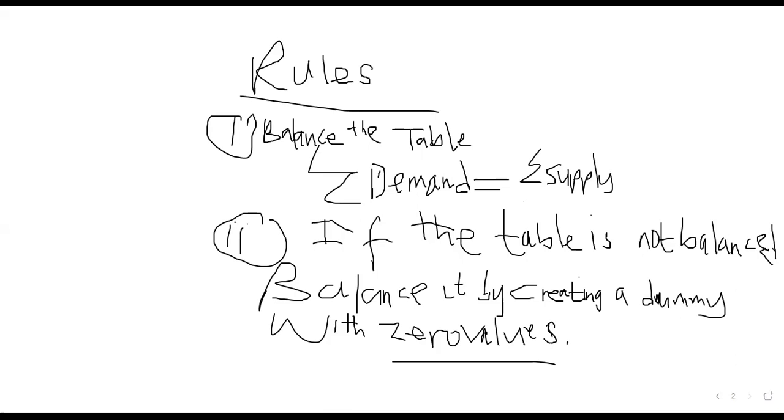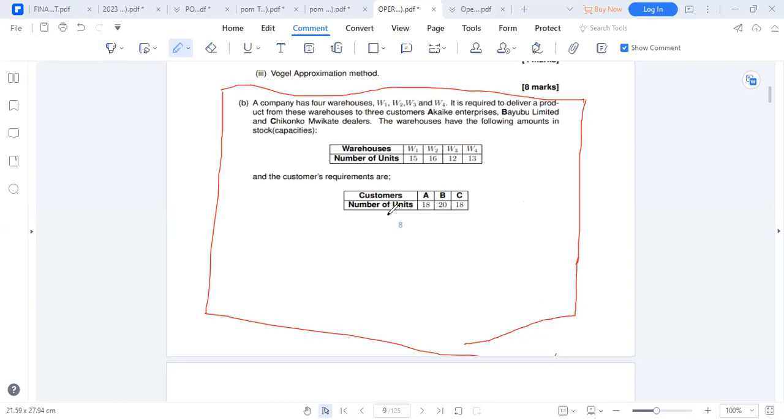A company has 4 warehouses: warehouse 1, warehouse 2, warehouse 3, and warehouse 4.